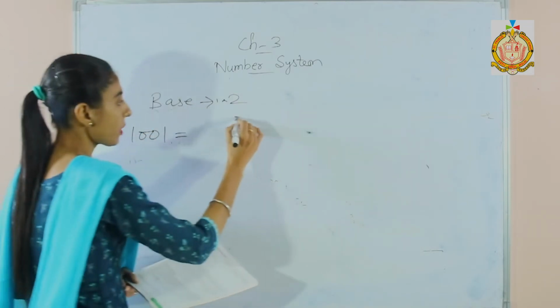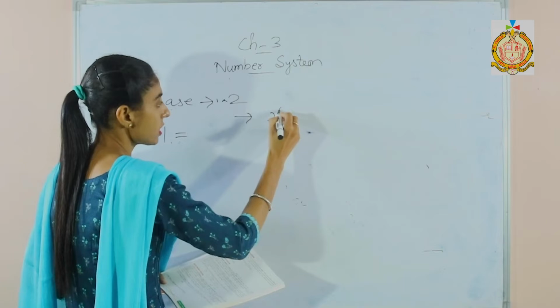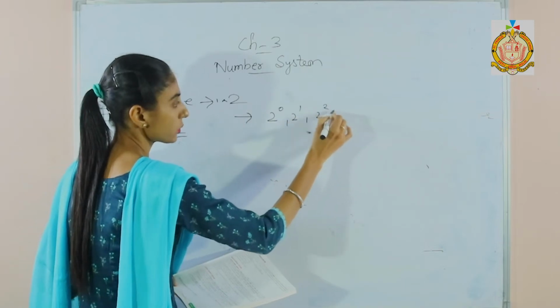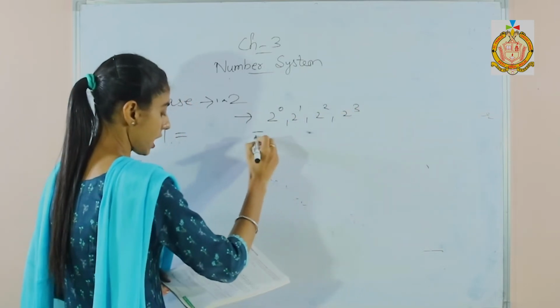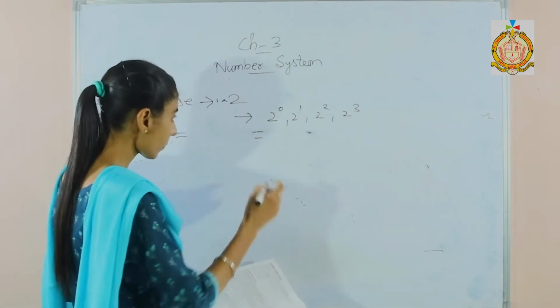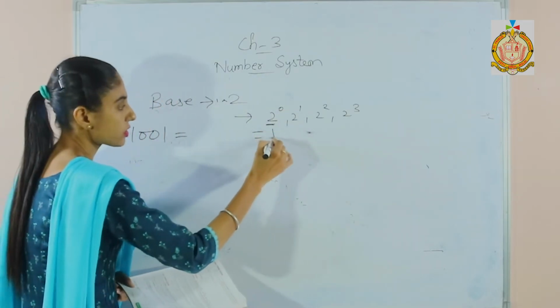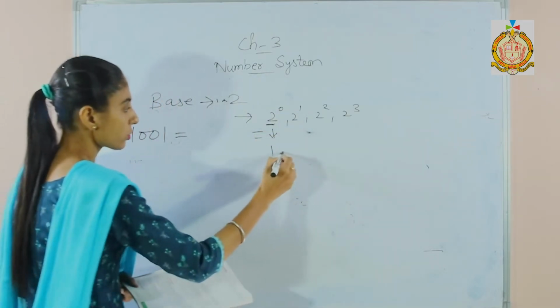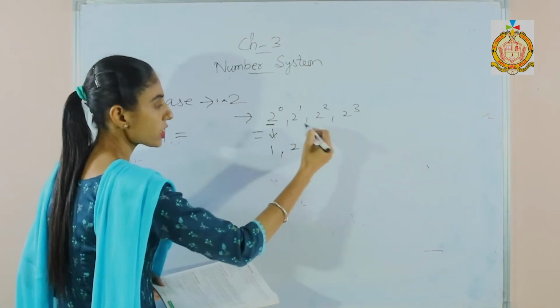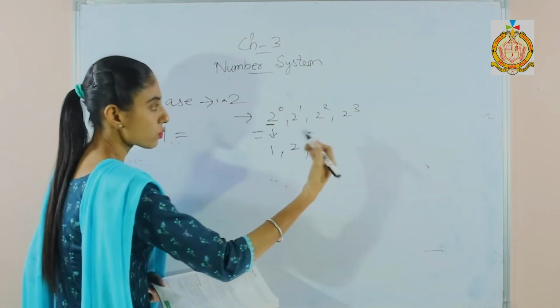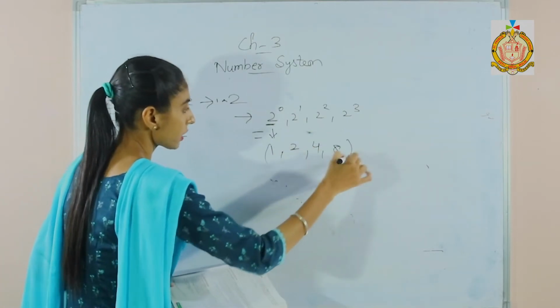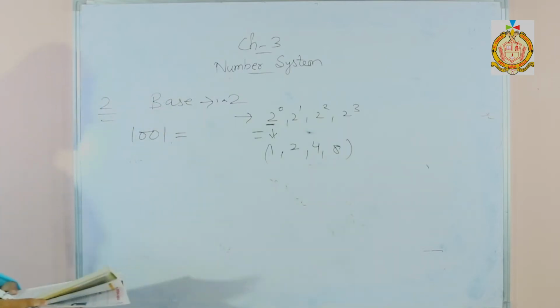Here the successive powers are 2 raised to power 0, 1, 2, 3. Always remember, 2 raised to power 0 means its value is 1. 2 raised to power 1 is 2, 2 raised to power 2 is 4, 2 raised to power 3 is 8. These are the values of the binary number system.